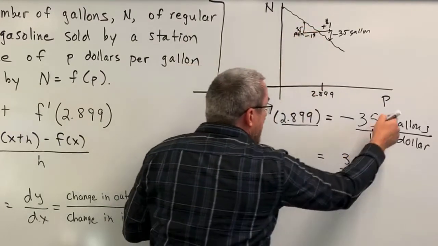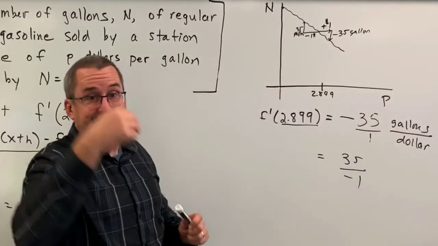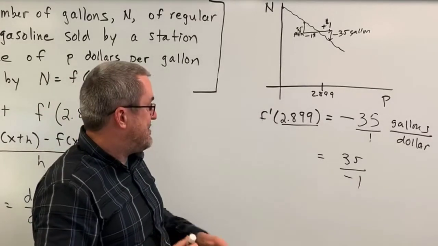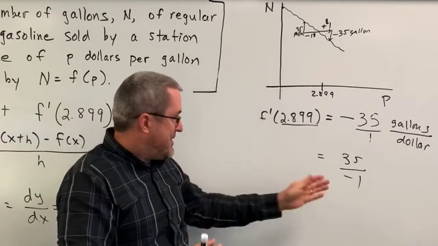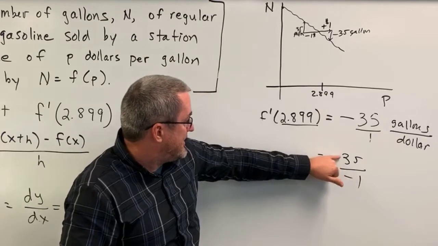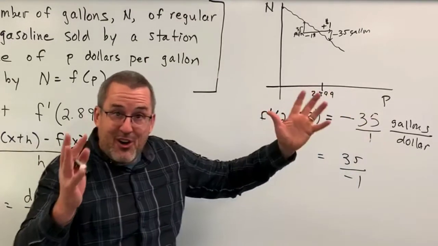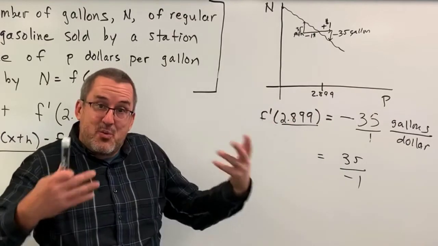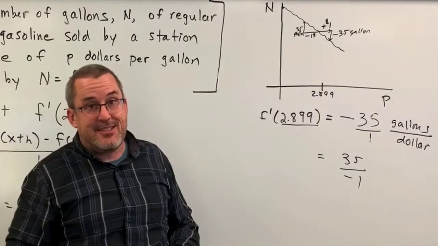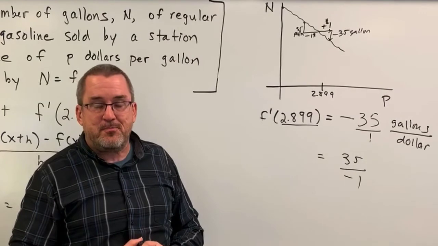And so it's still negative 35 gallons per dollar, but we're just thinking about it in reverse. $1 cheaper, sell more gas. $1 more expensive, sell less gas. Overall, the derivative is interpreted as this rate of change, in this context, a negative rate of change.